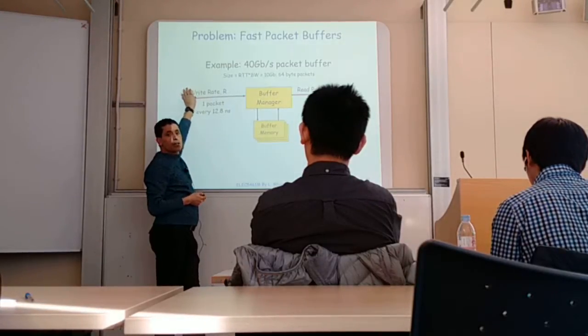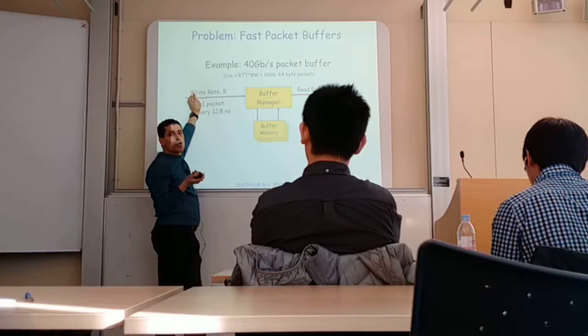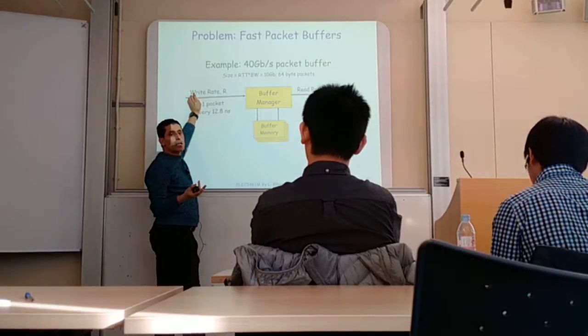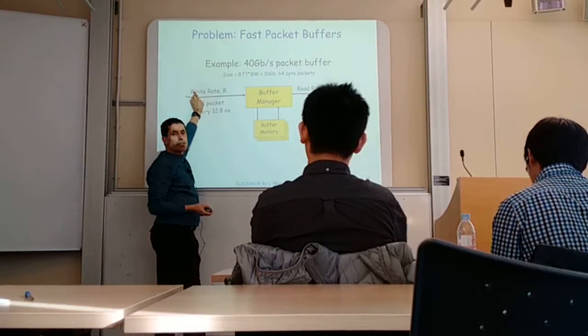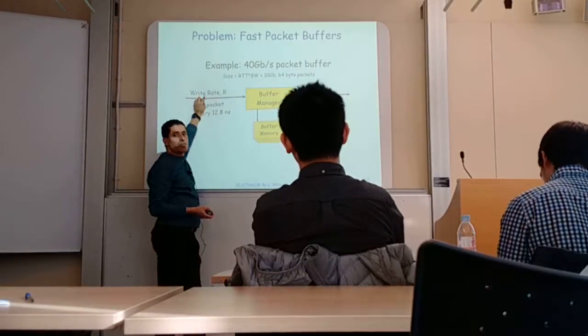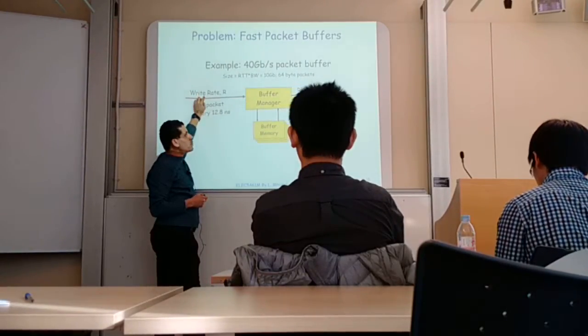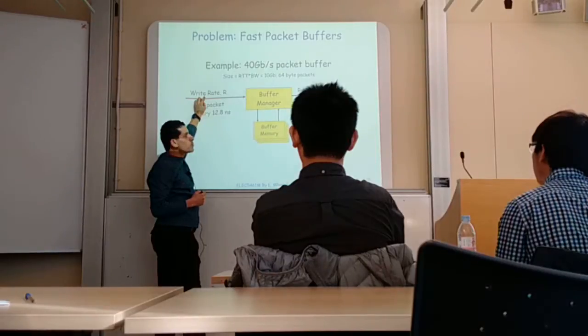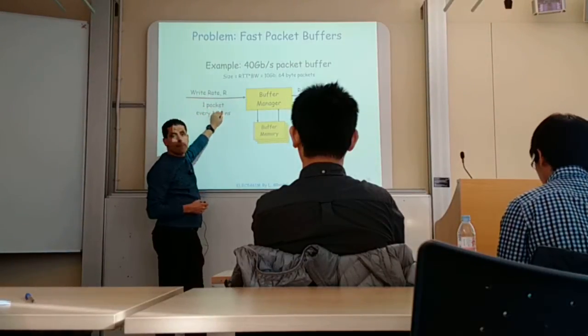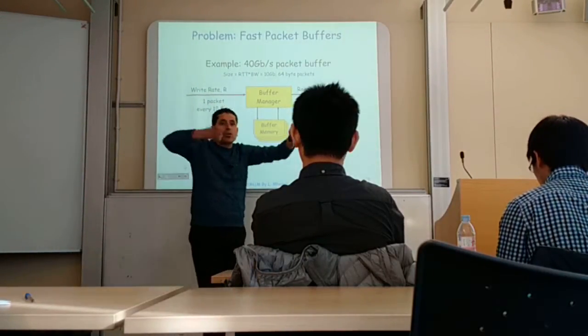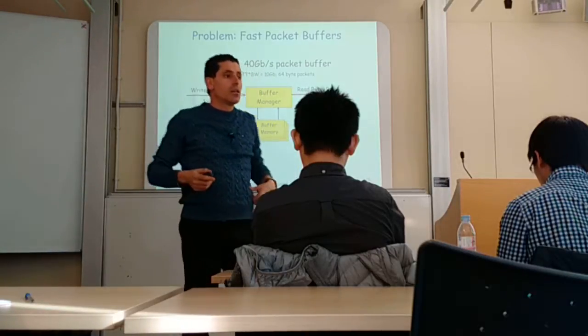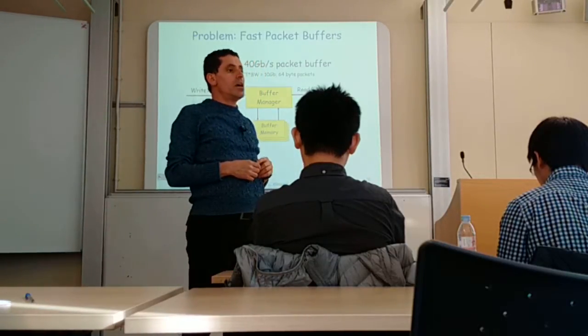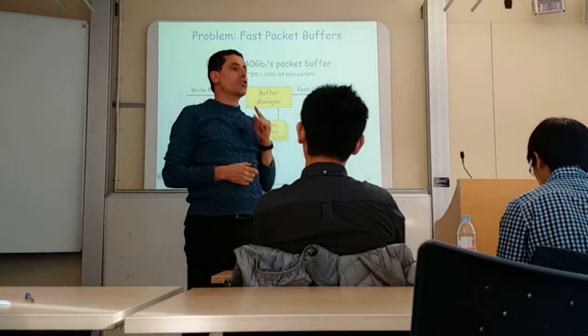So roughly speaking, after how long will I have another packet coming? It's the packet size divided by the line rate. If you divide 64 bytes by 40 gigabit per second, you will find that. How long will you need to treat each packet, to process it?